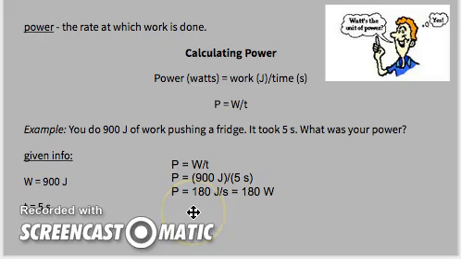So if you put that in a calculator, you would see 900 divided by 5 is equal to 180 joules per second. And joules per second is a derived unit in the SI system, which has a name. It's named after James Watt. So we say that it is 180 watts. So anytime you see joules per second, you can think watts, named after James Watt.